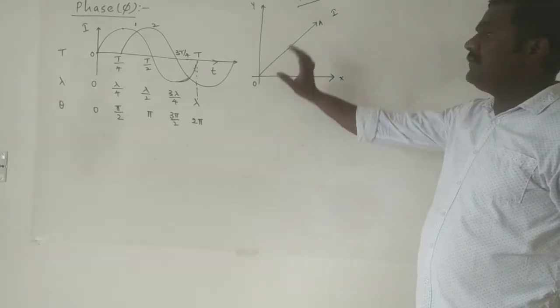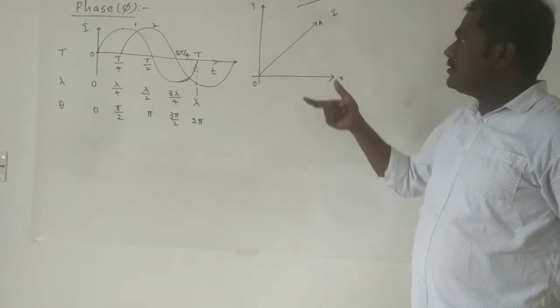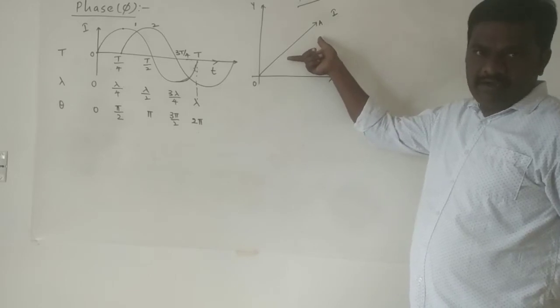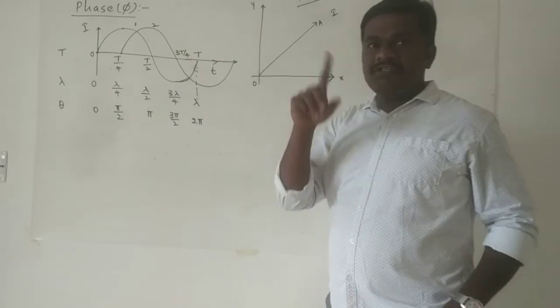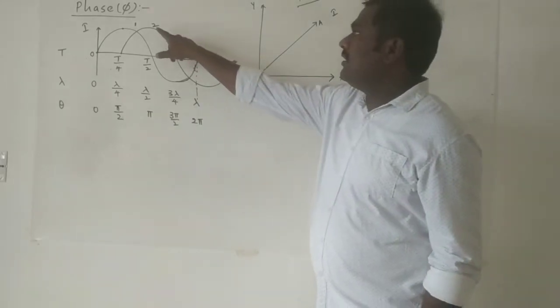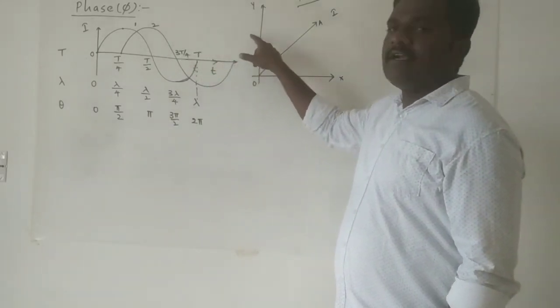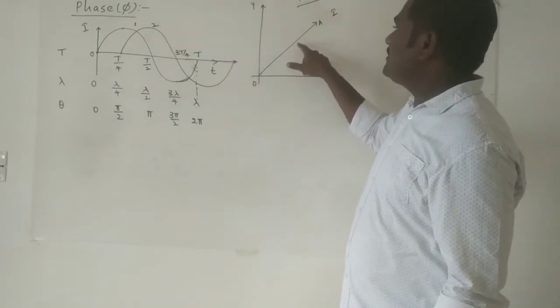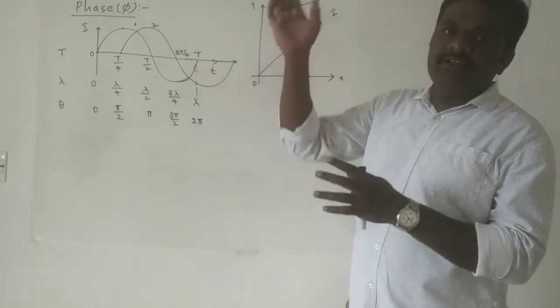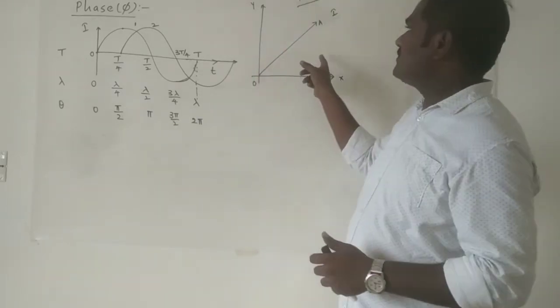So please be careful while understanding the definition. A phasor is a rotating vector which is taken as a projection of a sinusoidal quantity. Projection, you know very well: on drawing the sinusoidal quantity, you get a dotted line. From here, you draw a dotted line and mention its length. And further, based on the orientation, you start rotating the vector.